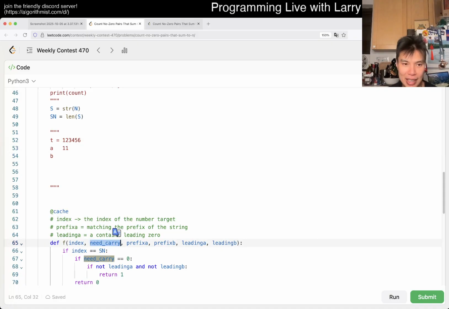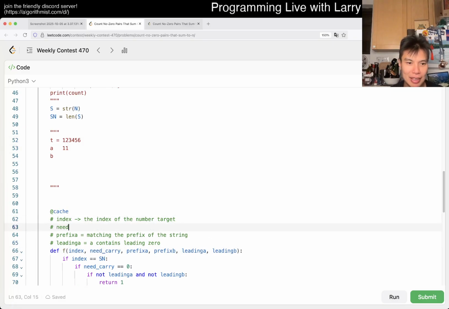So that's all this is saying: need carry means that if there's no carry, then this prefix is wrong, right? Because if there is a carry, so you have this 4 and the 9, then this one becomes a 2 and you're happy. But you don't know that yet, so it's saying, okay, I need a carry.